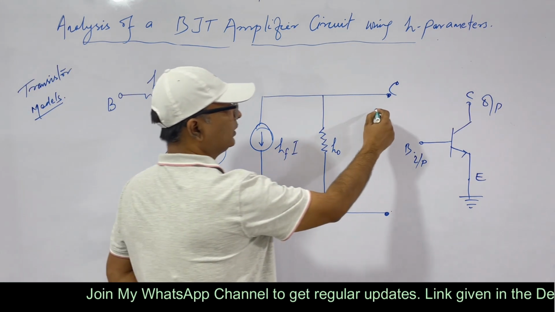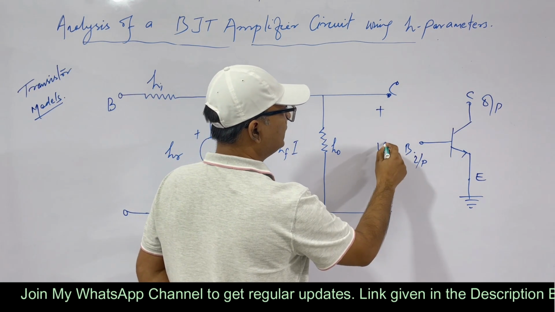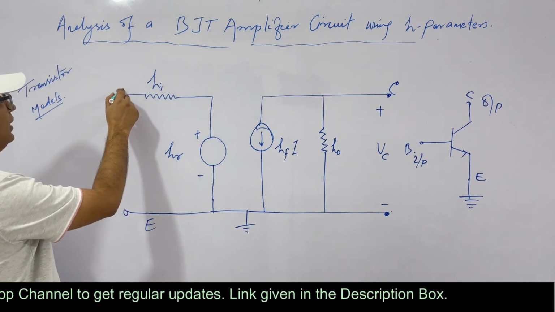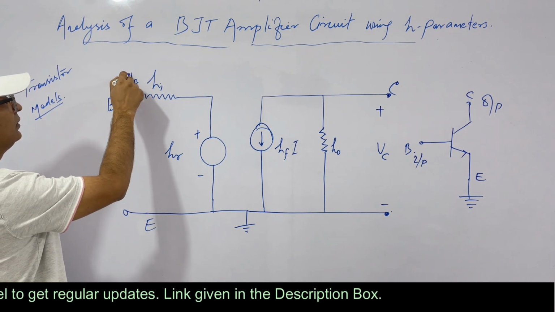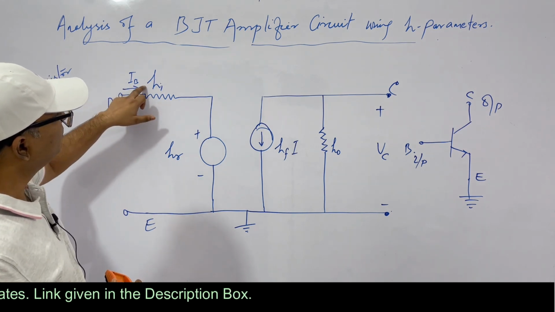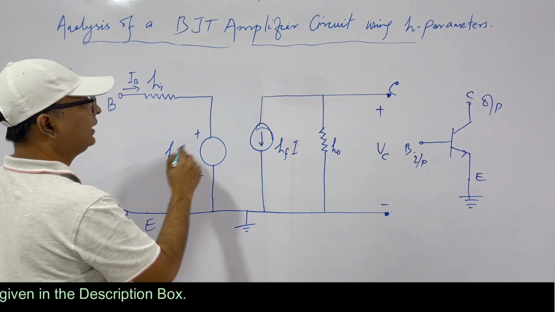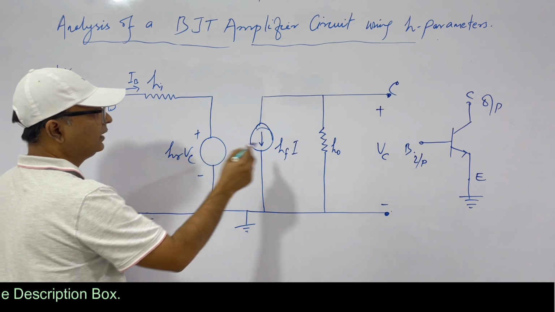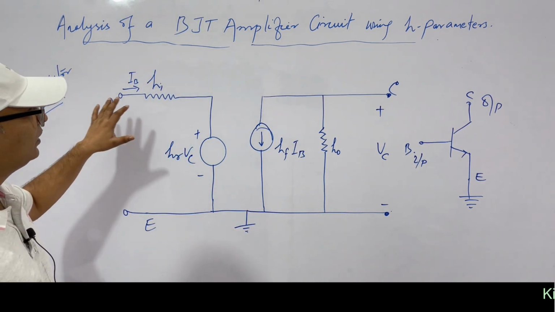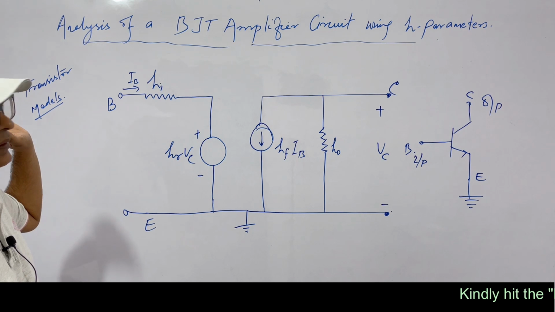Therefore, this is VC and this is IB. Clear? So we can write HRVC here and this is HFIB. So this is the model for common emitter.